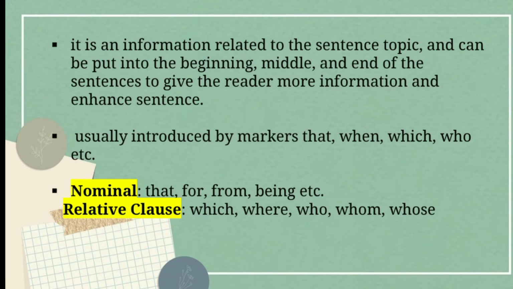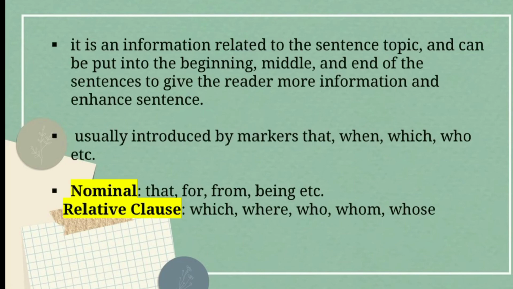For example, do you know the girl who started in grade 7 last week? Or can I have the pencil that I gave you this morning? If we cut it starting from the relative pronoun, who started in grade 7 last week, that I gave you this morning, the thought is not complete.